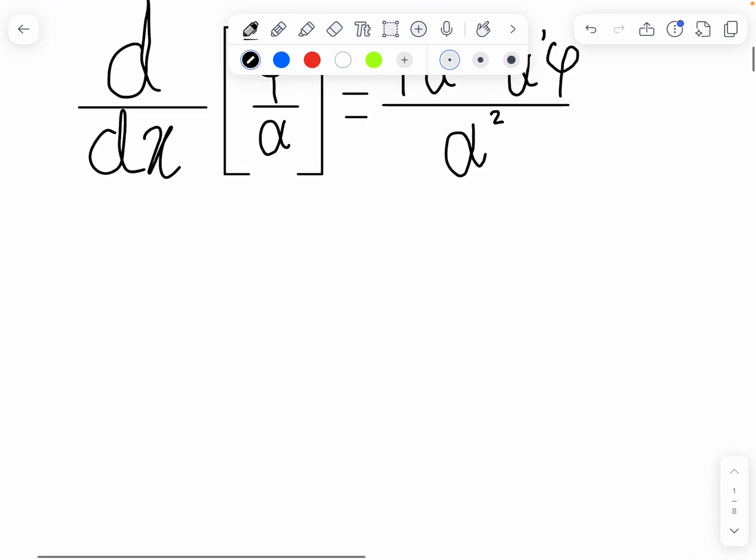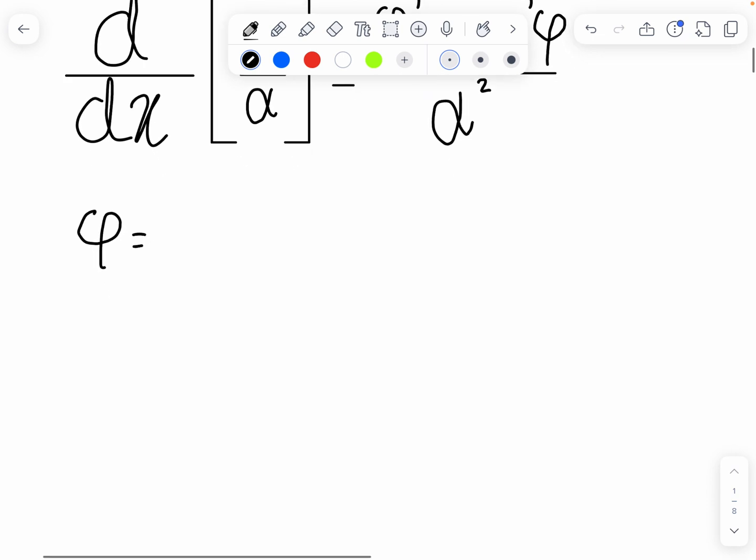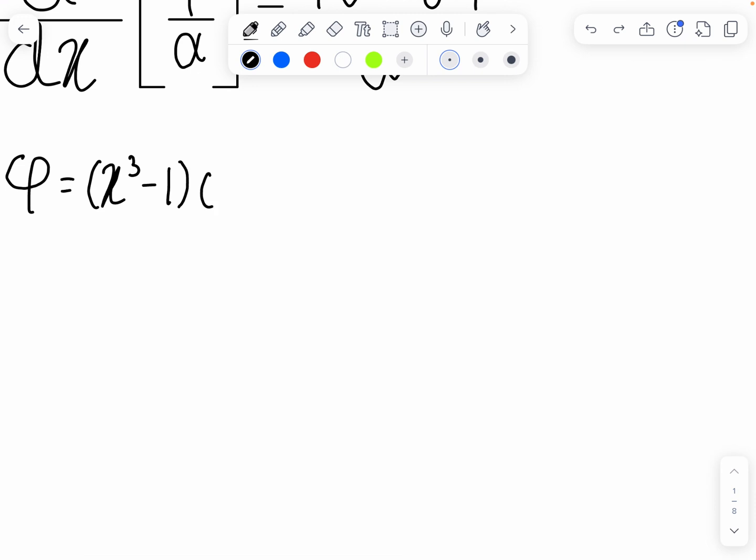So the derivative, first you need to write down all the values of phi and phi prime. So phi is x cubed minus 1 times cos of x squared.